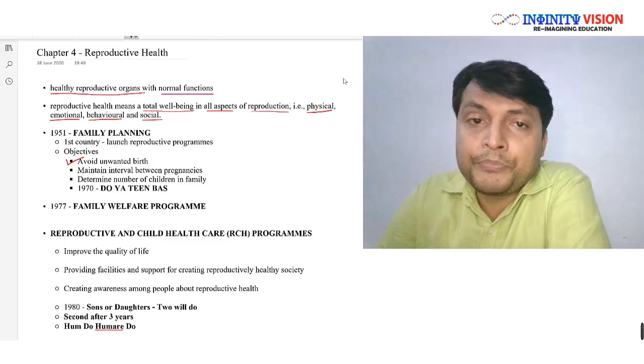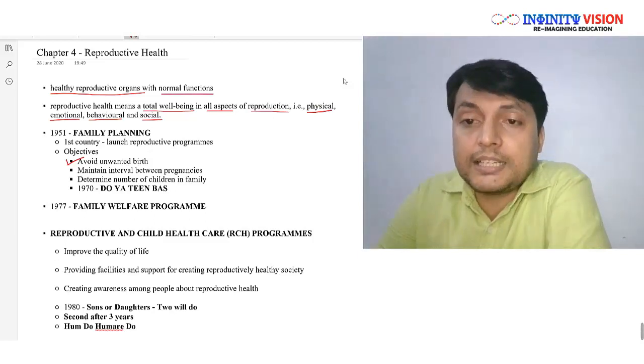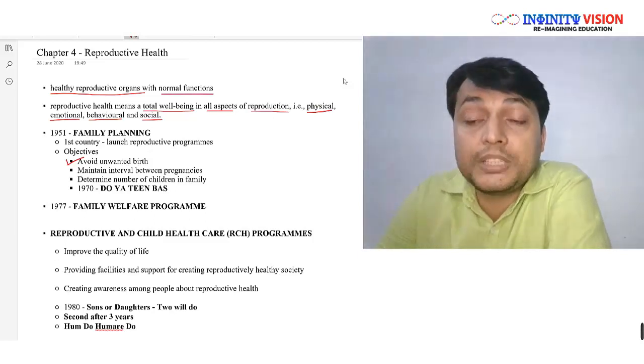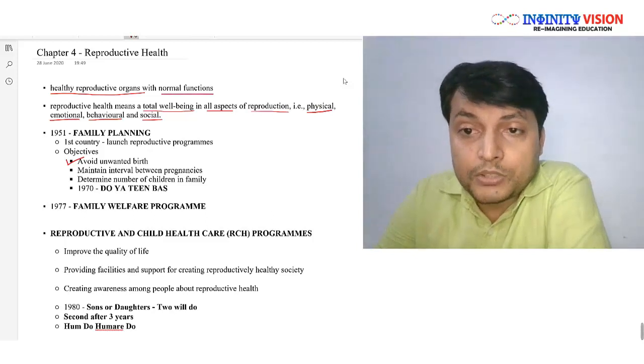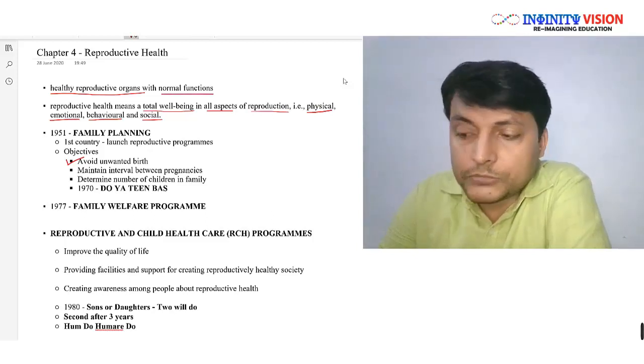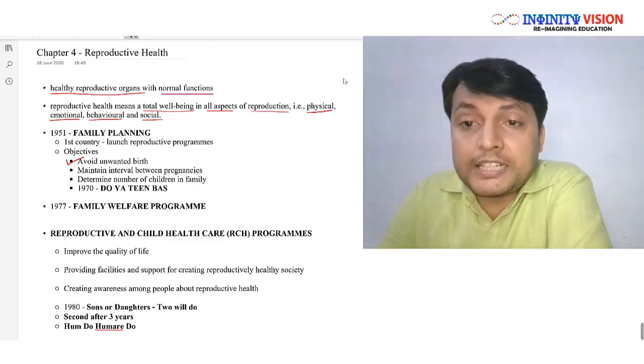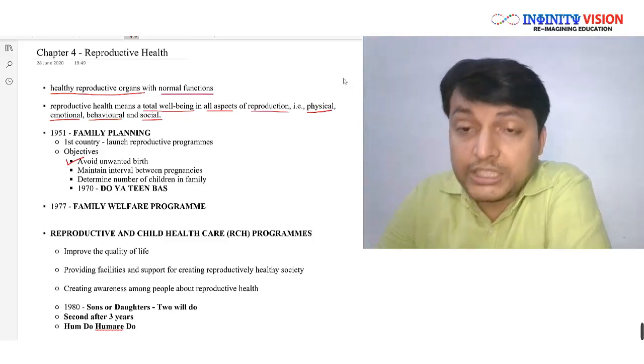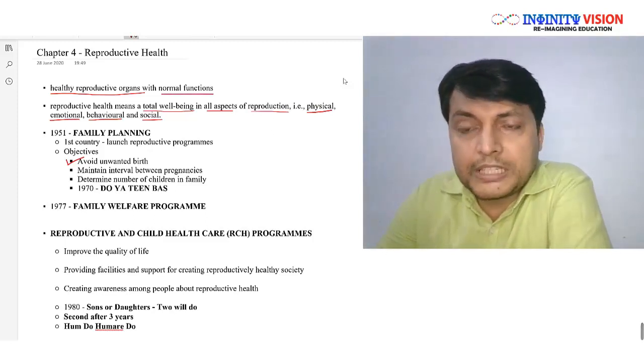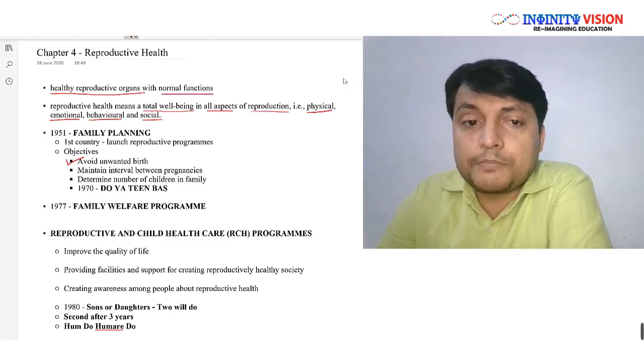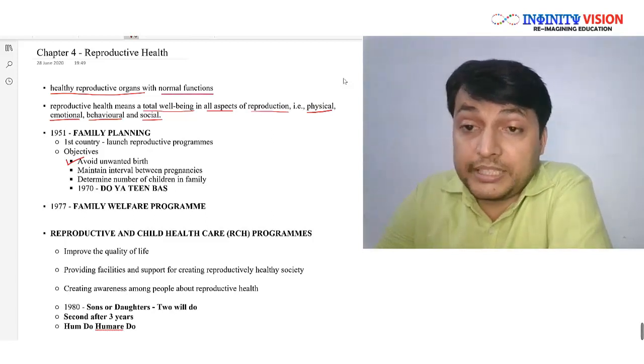As a result, there has been a high death rate of the infants. So high natality rate, sorry, not natality, infant mortality rate. During the 1950s, the infant mortality rate in India was really high.